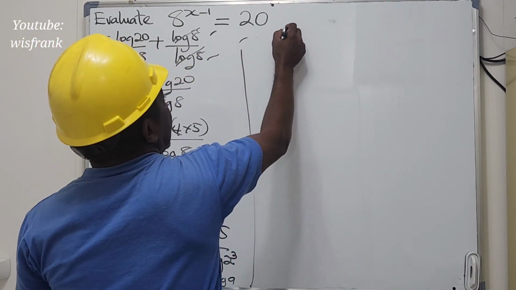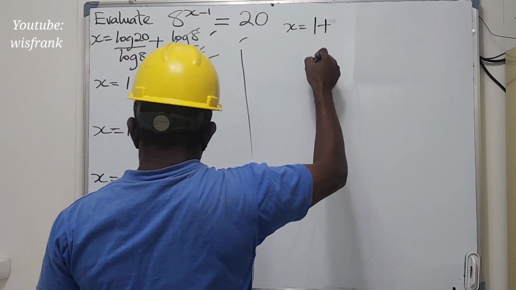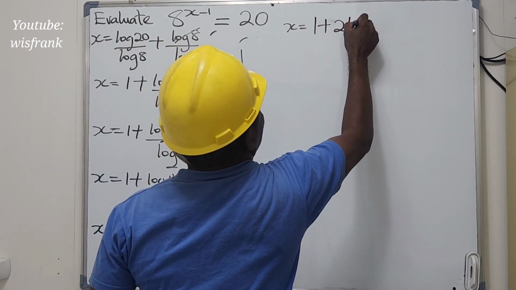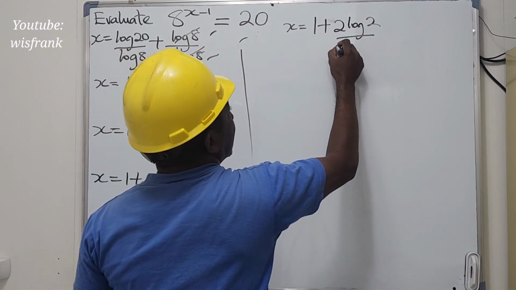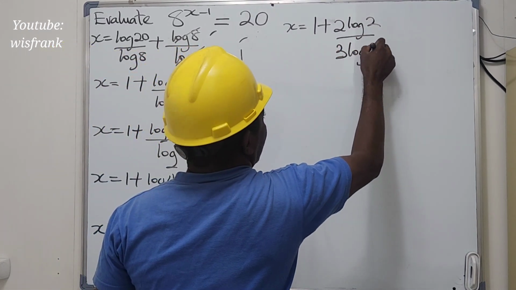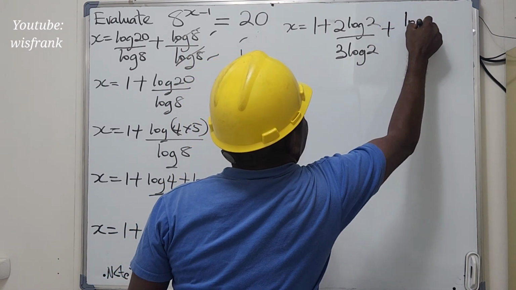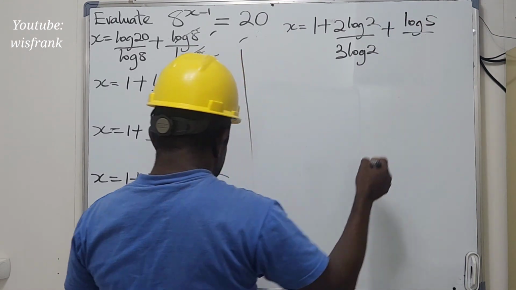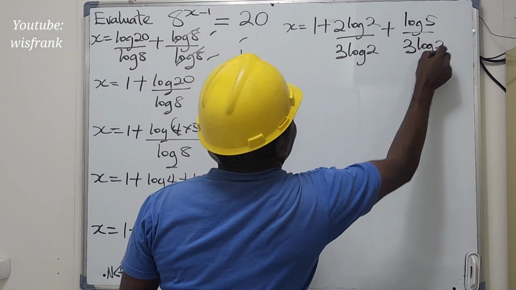Therefore, x equals (1 plus 2 log 2) all over 3 log 2, plus log 5 all over 3 log 2.